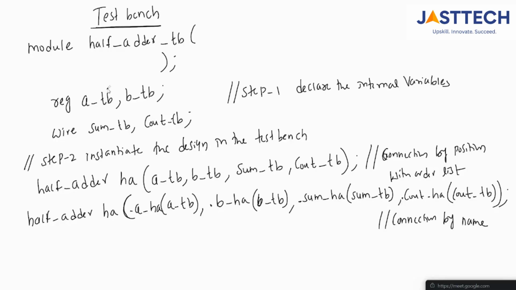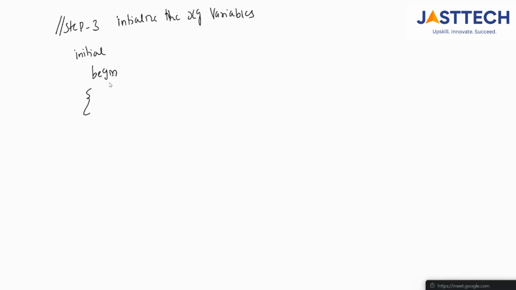A underscore tb and b underscore tb. I am using the concatenation operator and declaring them with 0. Okay, this is step 3. Step 3 means initialize the reg variables.